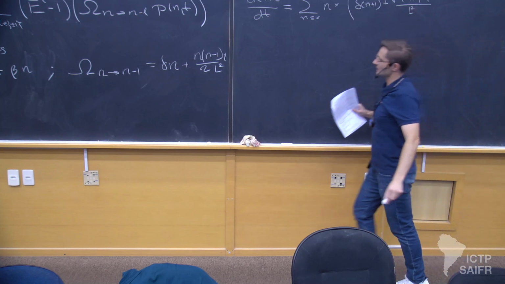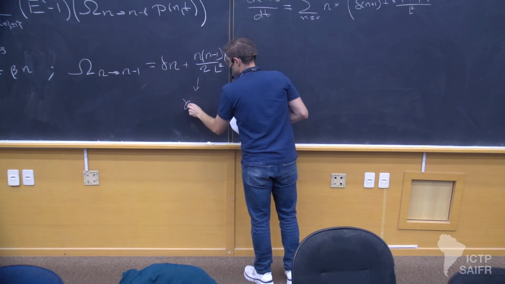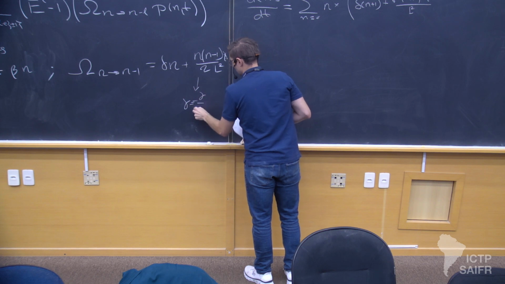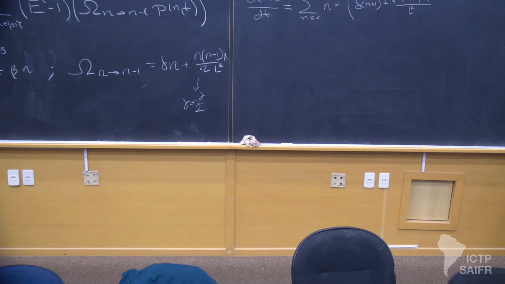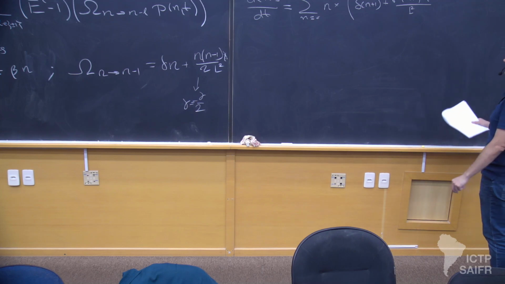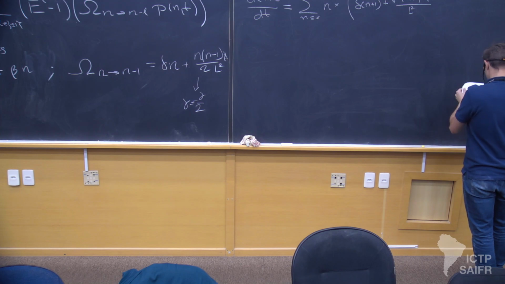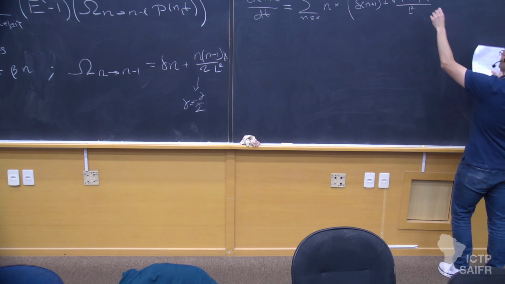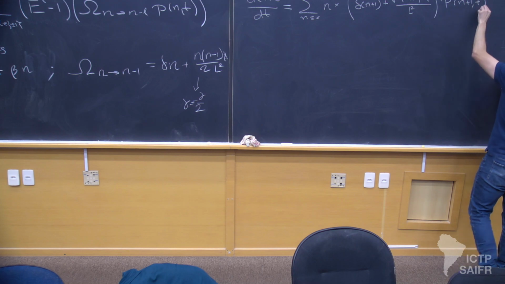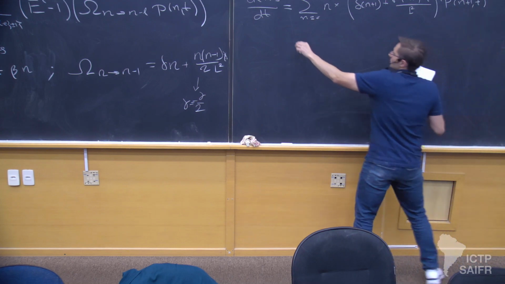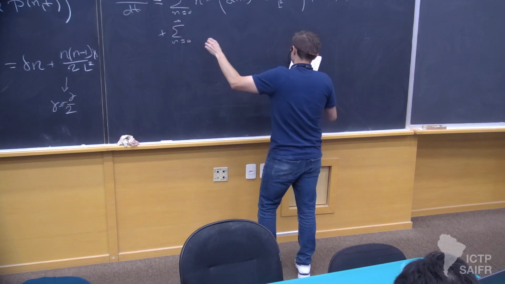Let me do something else that is going to save us a lot of time. I'm going to absorb the 2 into the gamma. At the end, it's the same. We don't have any quantitative number for anything. Then P n plus 1 of t, plus, these are all the terms that you will need to calculate.